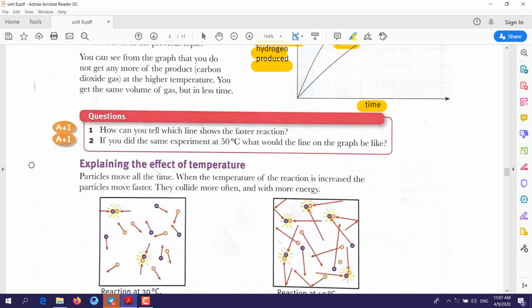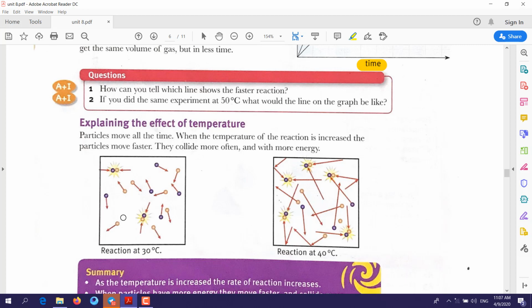the explanation for why an increase in temperature increases the rate of chemical reaction. Firstly, temperature is heat, and heat is a form of energy. So when particles of substances are given more heat, you are giving more energy to these particles.